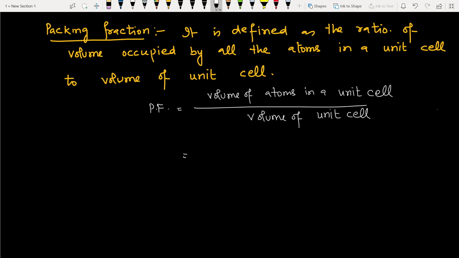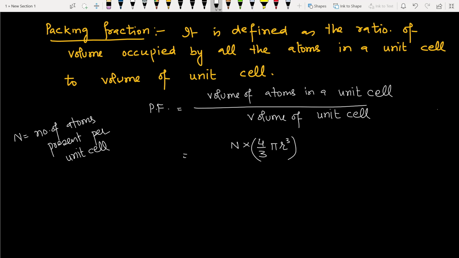So let capital N be the number of atoms present per unit cell. So N into 4 by 3 pi r cube.